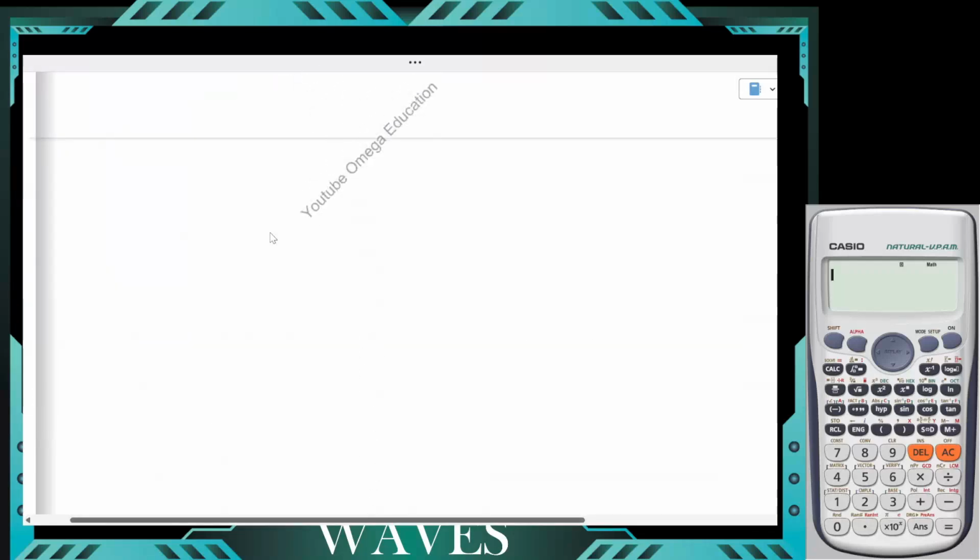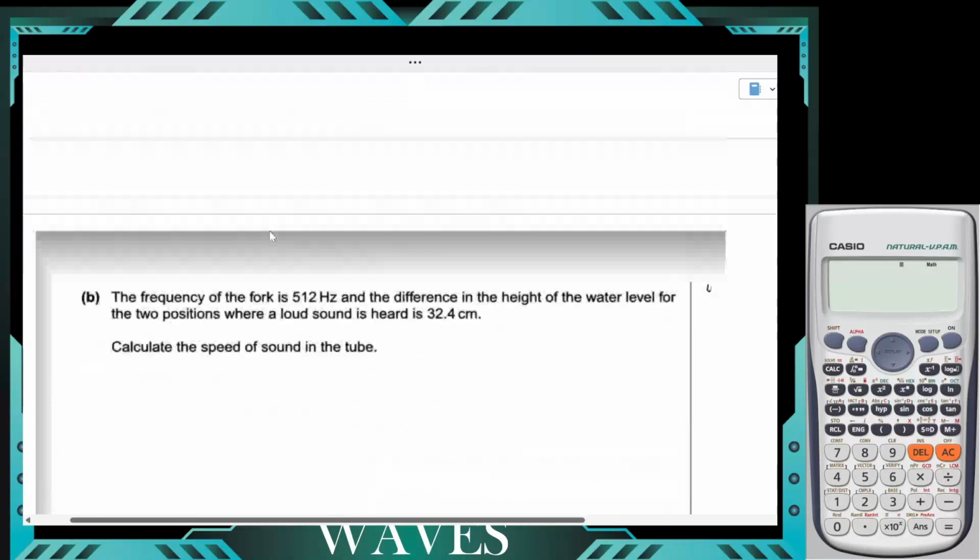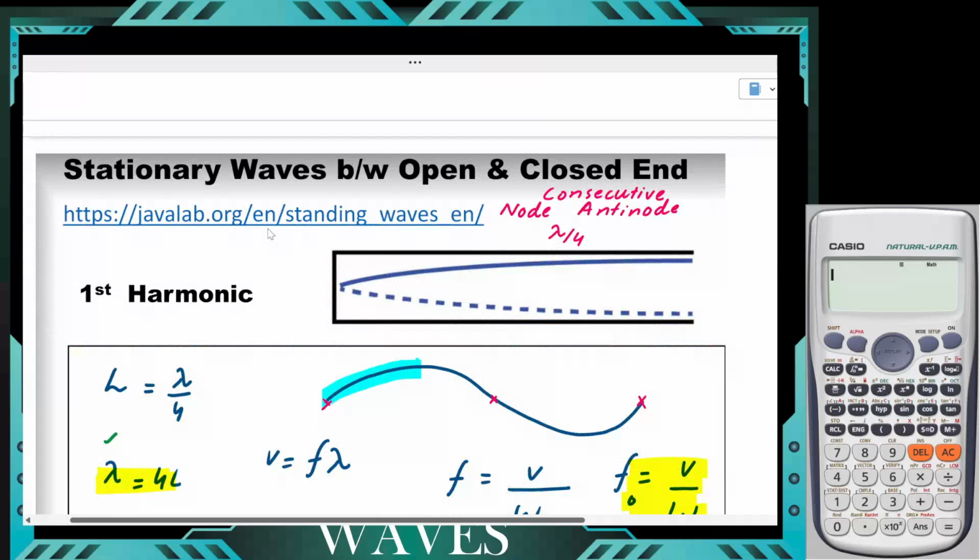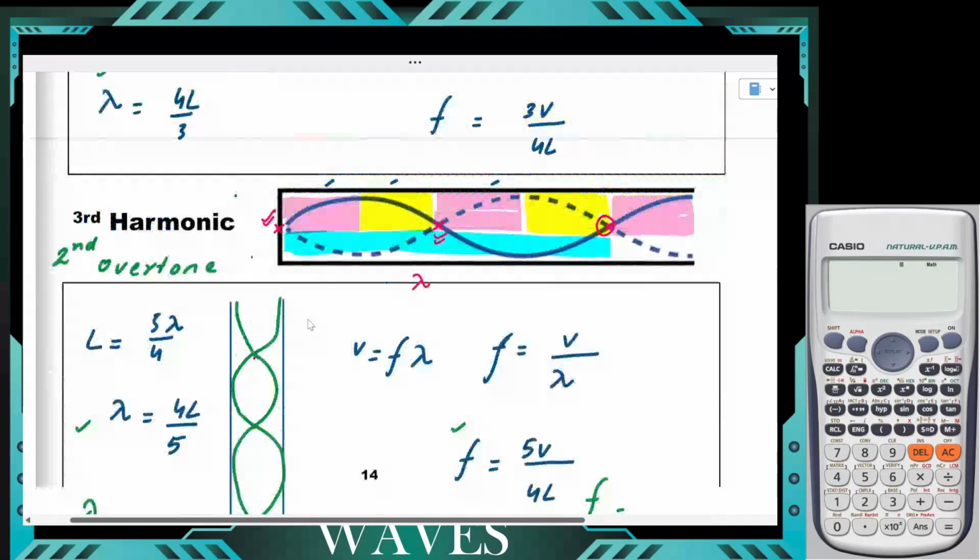If you want me to scroll up, I can show that to you also. So do you think this one is this case? Stationary wave produced between one open end and the other closed end. The only difference is that in the question, the right side is closed and the left side is open. So if I scroll back once again, here we have this.